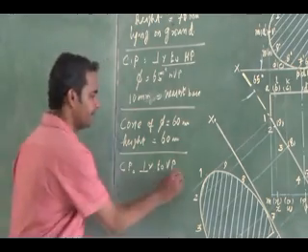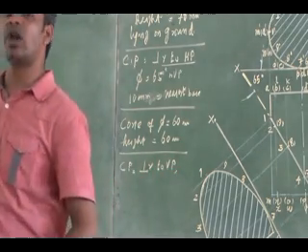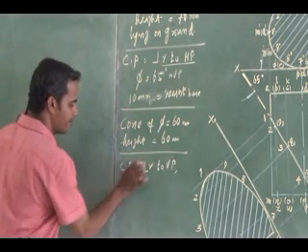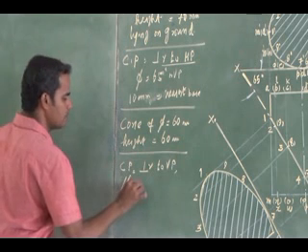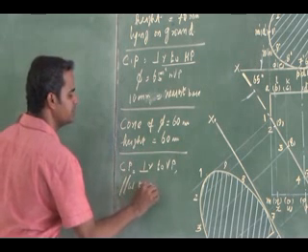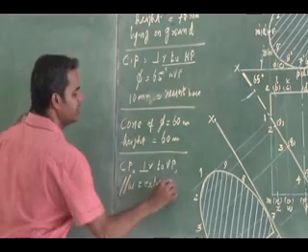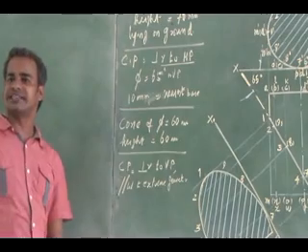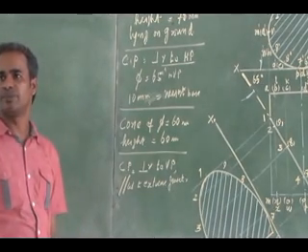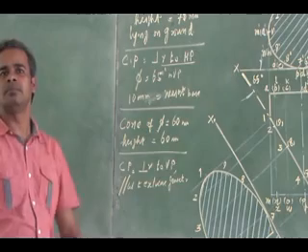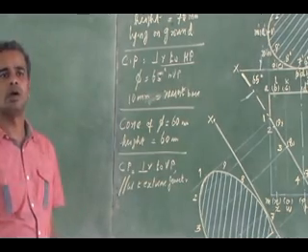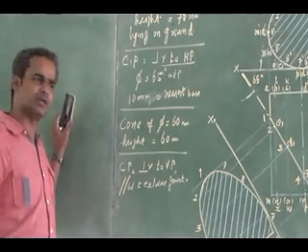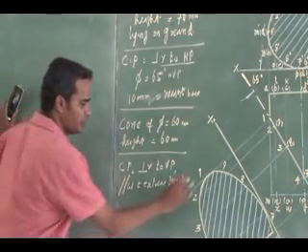3 extreme generators. Parallel to one of its extreme generators and 10 mm away from it.